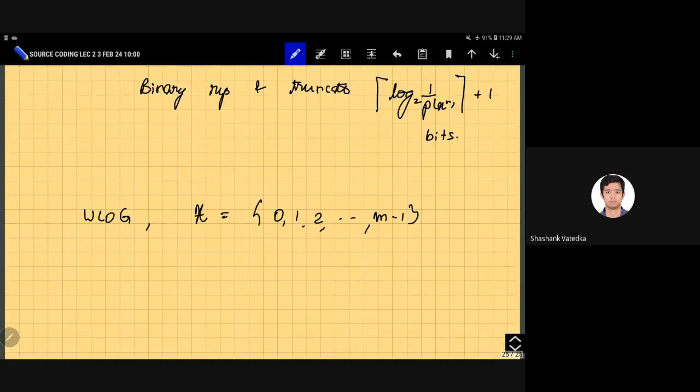A key idea is that you can represent any string xn in m-ary form, and you can map this to a number which is between 0 and 1.